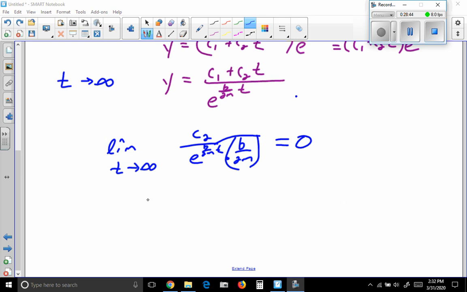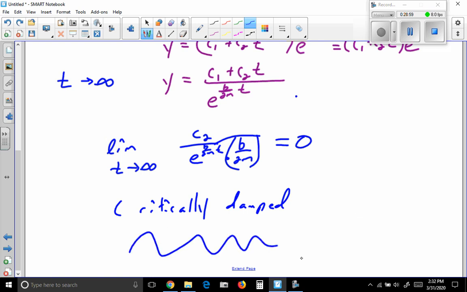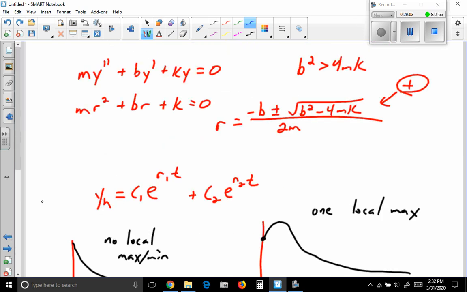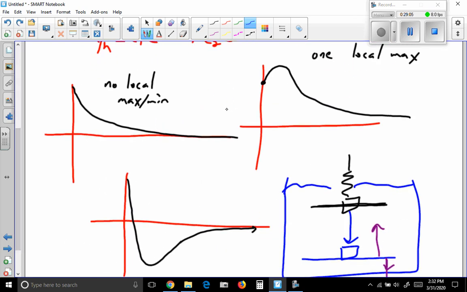So what is this critically damped? What does this mean? This is essentially the point that separates oscillating from not oscillating. When we go back and look at the overdamped case, we didn't have any oscillation. Our amplitude went to 0, but we never oscillated.